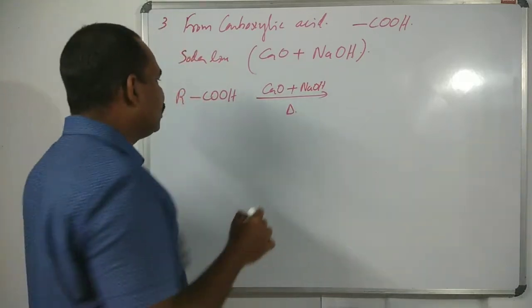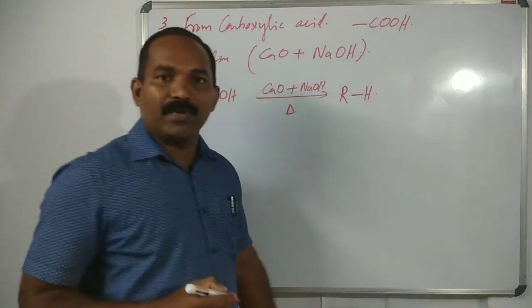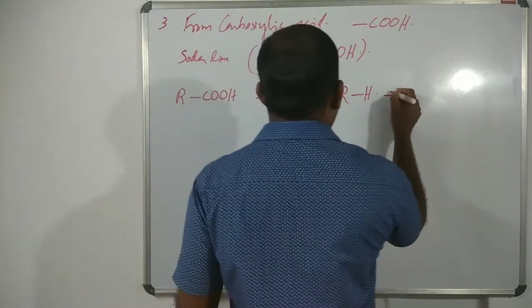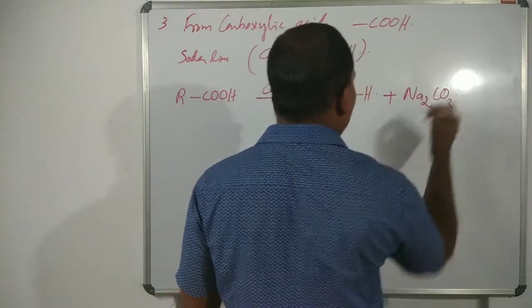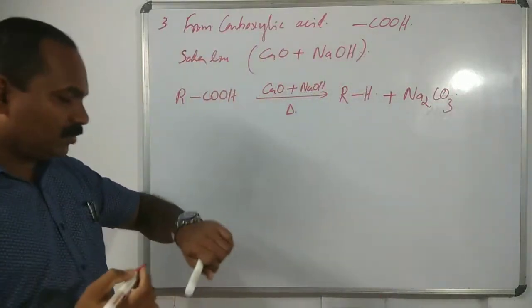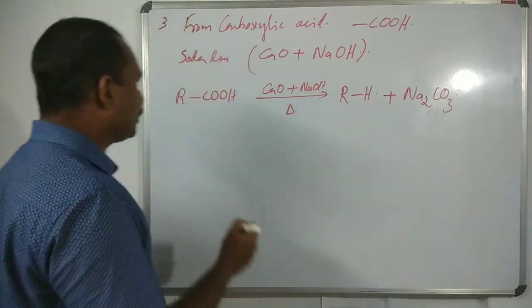We get RH plus Na2CO3. The byproduct is Na2CO3.